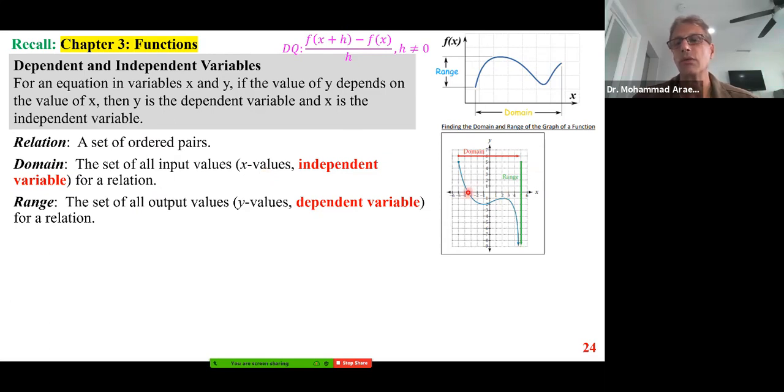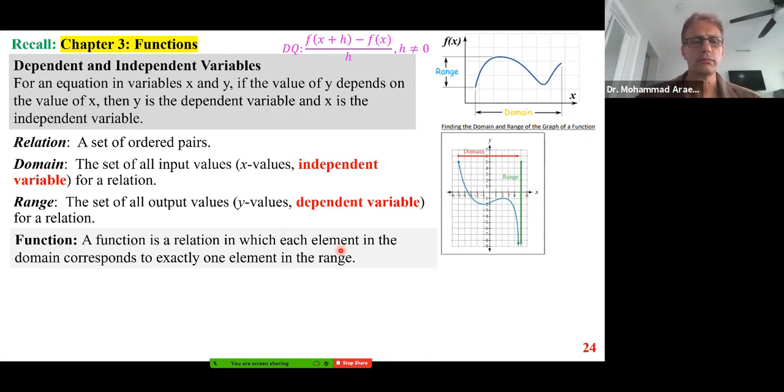So as we look at the graphs, the domain would be all possible values of x along the x-axis. You can see it here, or you can see it here. The range, all possible values of the y-axis. You can see it from this graph, or you can see it from this graph, going up and down all the way from negative to positive infinity.